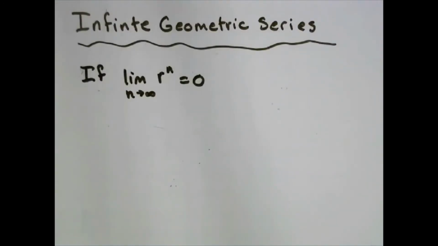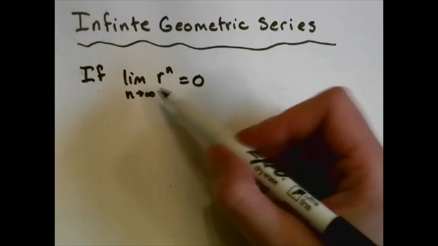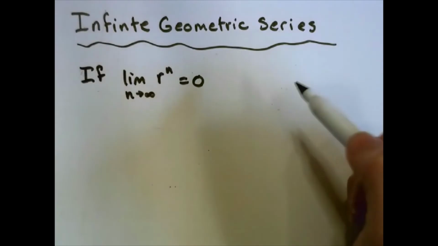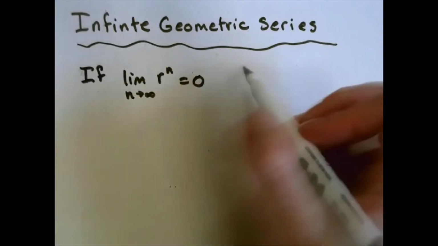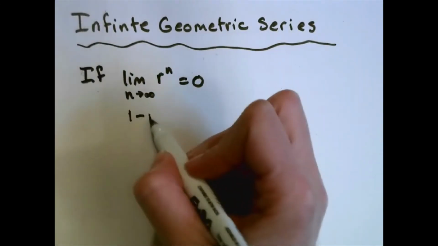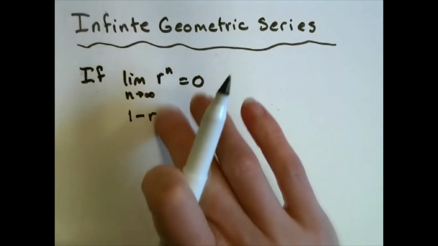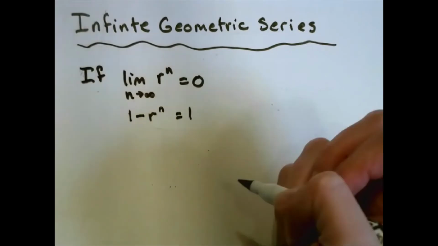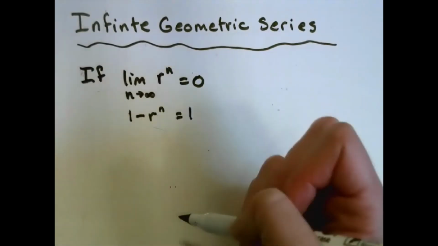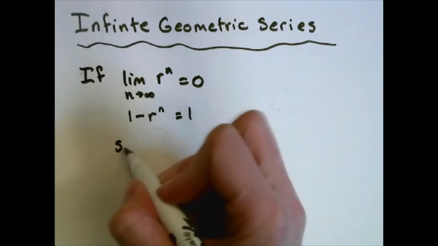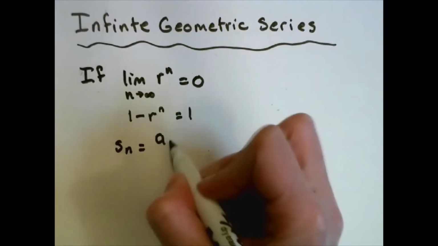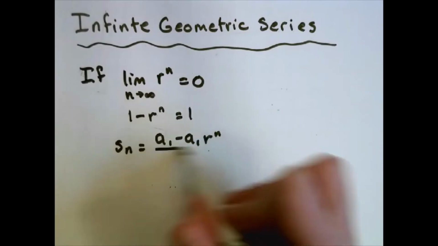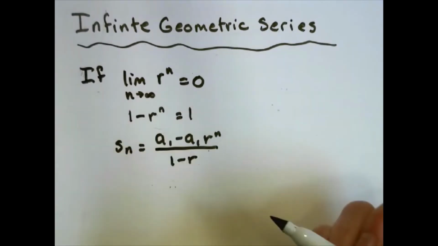Okay, so if the limit as n goes to infinity of the common ratio raised to the nth power is 0, and we'll talk about what conditions that happens in, that means 1 minus r to the n is going to equal 1, right? Because it's 1 minus 0. So let's look at the sum formula. Sn is a1 minus a1 r to the n over 1 minus r.